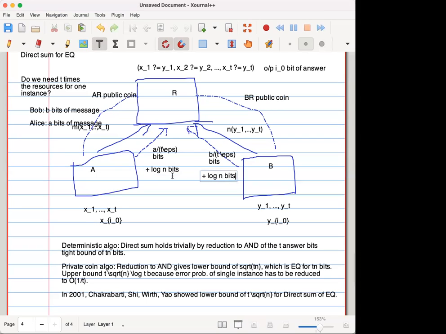Okay. And to remind you, where did this log n come from? This is the Chernoff reduction, public coin to 10 instances.